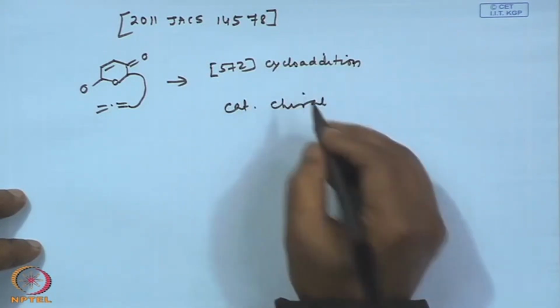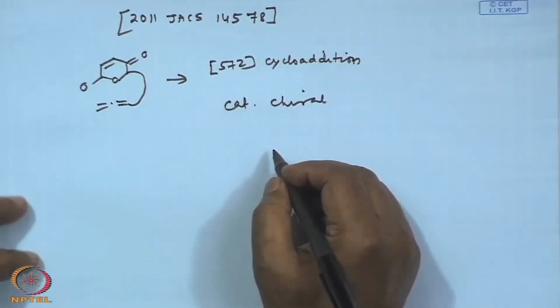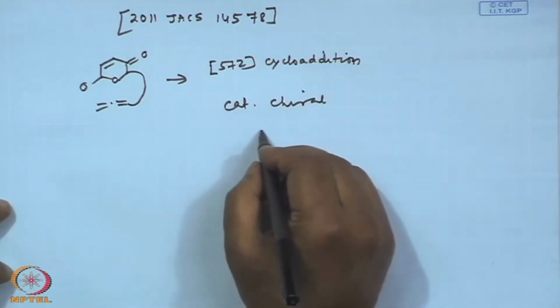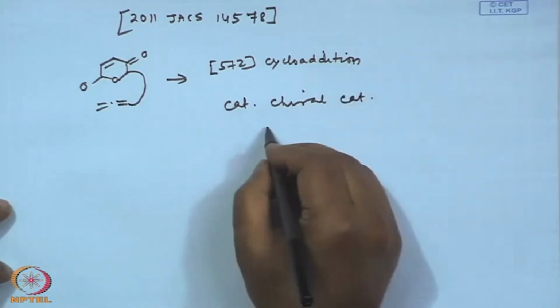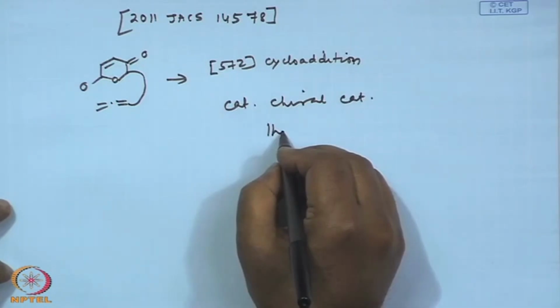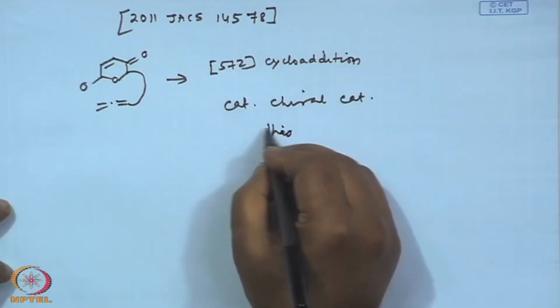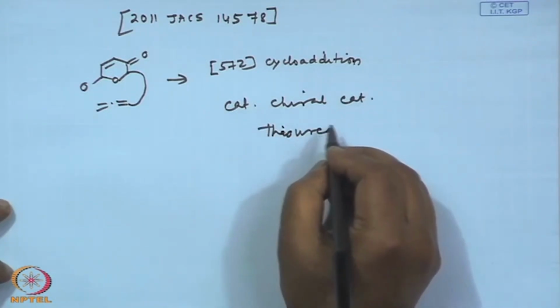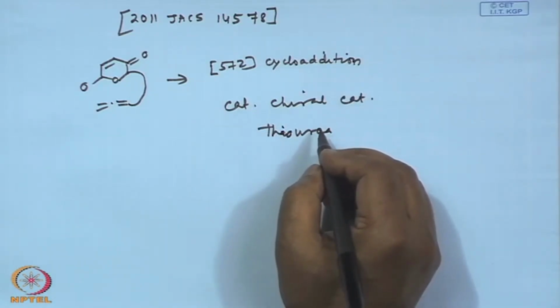What is the chiral catalyst? Many of you know Jacobsen is now famous for a special kind of chiral catalyst. What is that chiral catalyst? Based on thiourea. So now he has actually used 2 kinds of thioureas, and he has named them a cooperative catalyst.